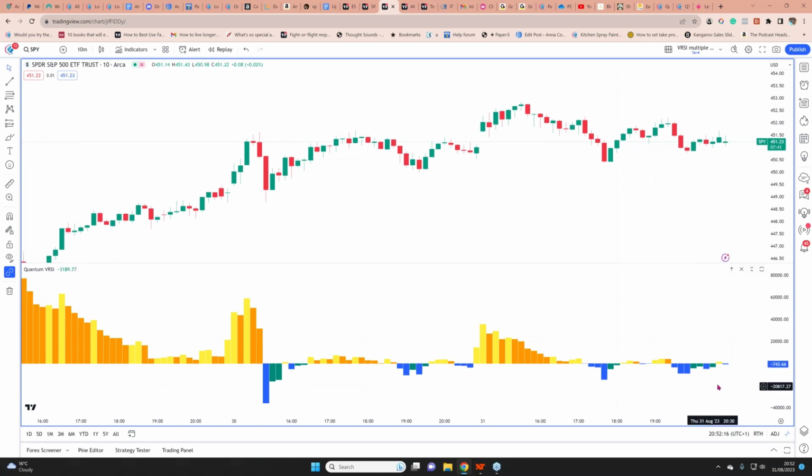Anna said nothing. Probably a bit more than nothing, but not a great deal. And again, just to reinforce the point I was making earlier about the VRSI, we look at the height of the bars, the volume, the pressure bars in context. You can see over here how tall they were. Different session, I appreciate, but in the current session we had a little bit of pressure here to start with, but it's not translated into anything very much, even to the downside.